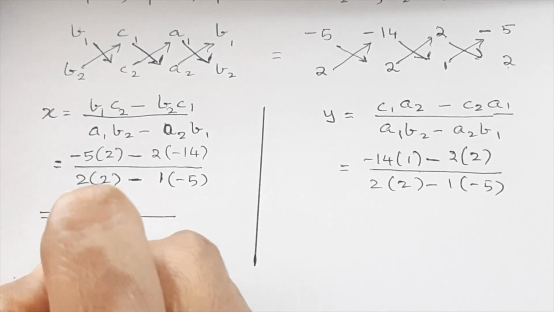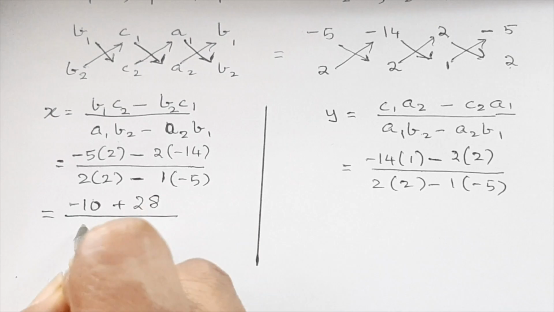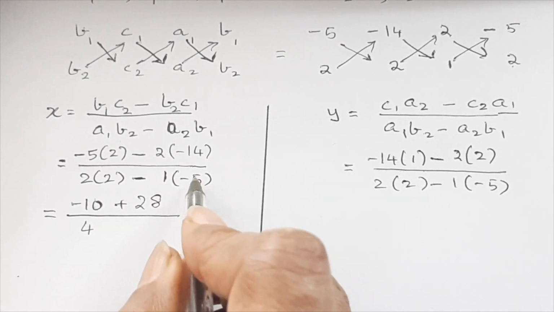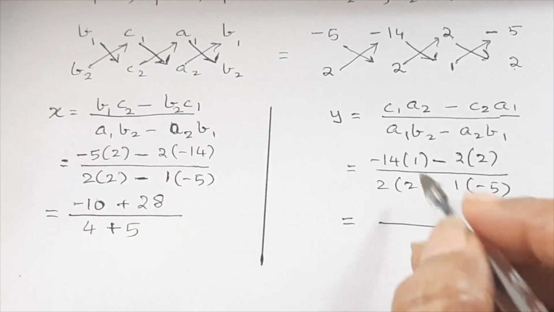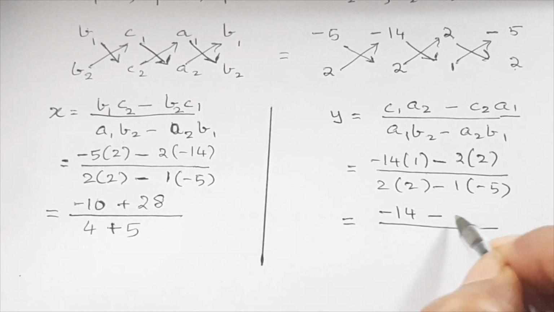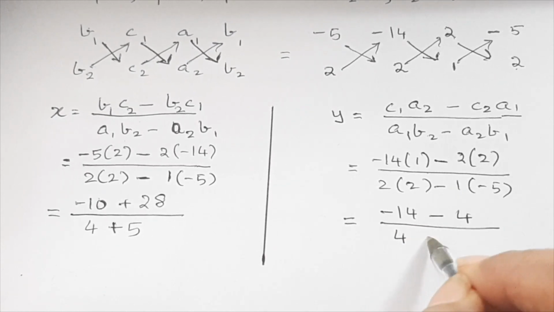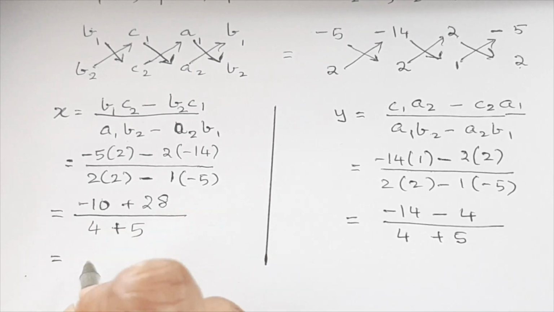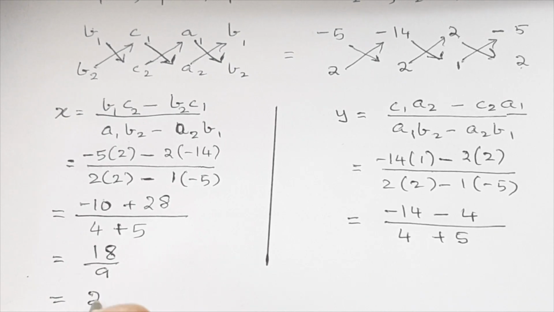This will be -10 and plus it will be 14, so 28, and denominator 4 minus into this will be -5, so +5. And for our y value, it will be -14 minus 4 and here it will be exactly the same 4 and here +5. So we will have 28 minus 10, that is 18 upon 9, which is equal to 2.